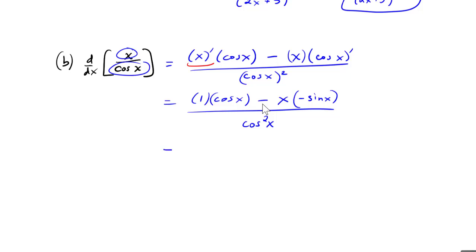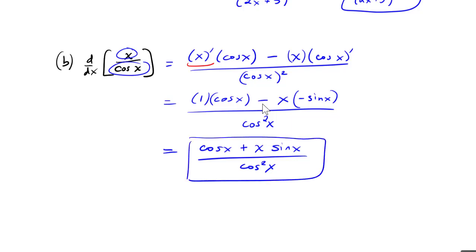Okay, so let's clean this up a little bit. I get cosine x minus, so plus x sine x over cosine squared x. That looks good to me. I think I'll leave it like that. Doesn't look like there's any simplification.